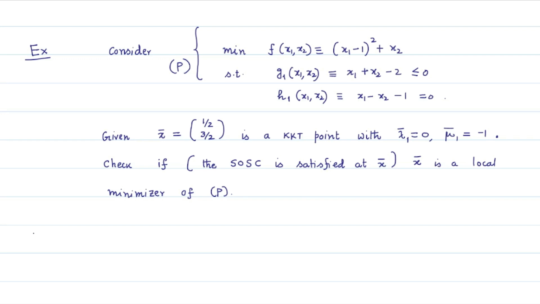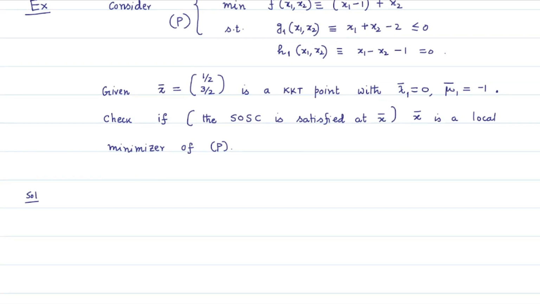To check if the second order sufficient optimality condition is satisfied at the point x bar, we need to construct the set C x bar. To find the set C x bar, we find the active set of indices I x bar. We notice that at the point x bar, we have g1 x bar equal to 0, and therefore I x bar consists of the index number 1.